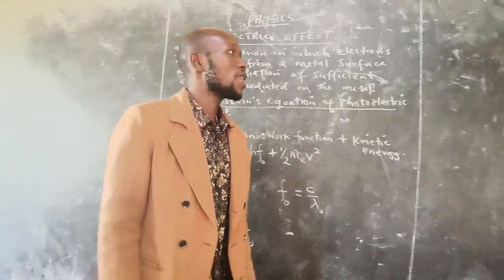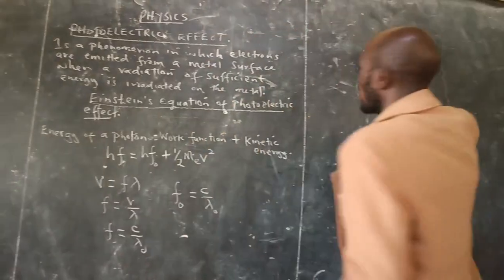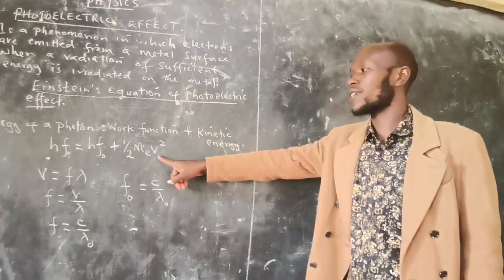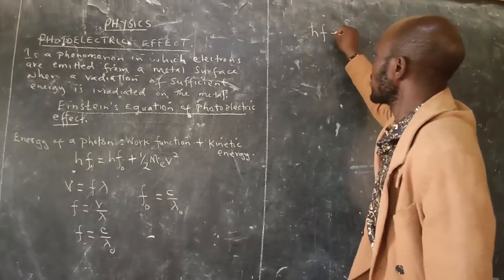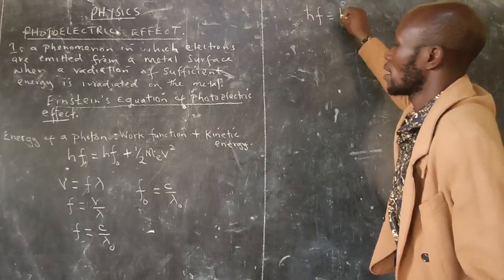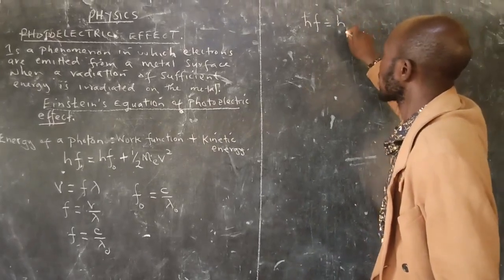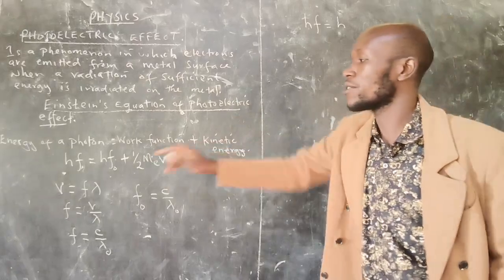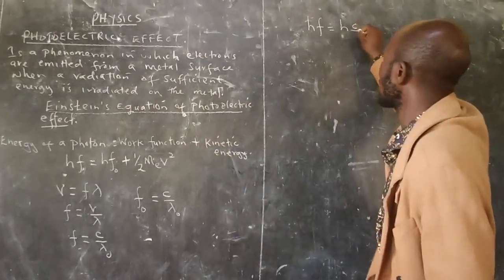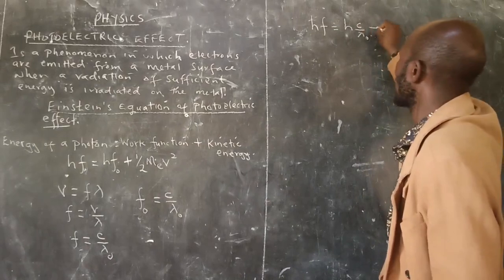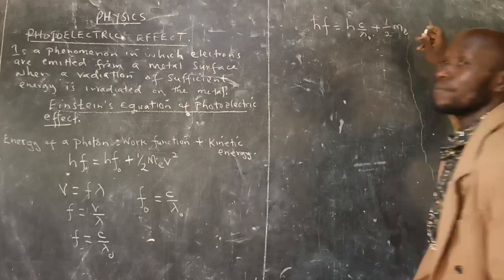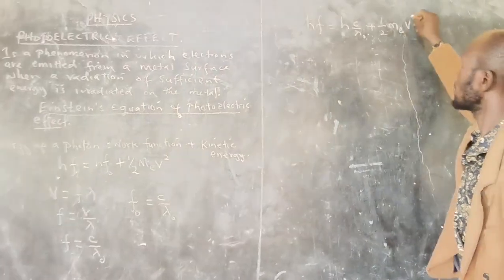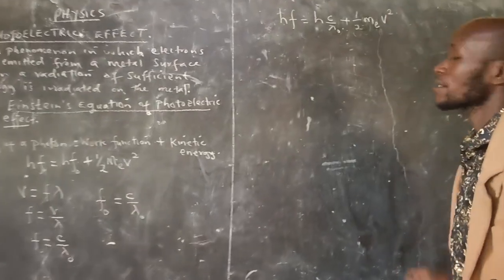If we do that, then we will have Einstein's equation of the photoelectric effect taking the form: the energy of a photon is equal to, so we substitute where we have the threshold frequency with c over lambda naught, plus a half the mass of the electron times the velocity of those electrons squared.